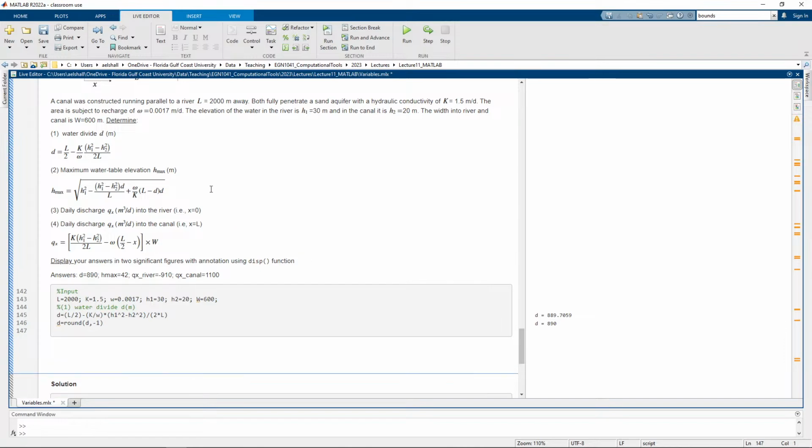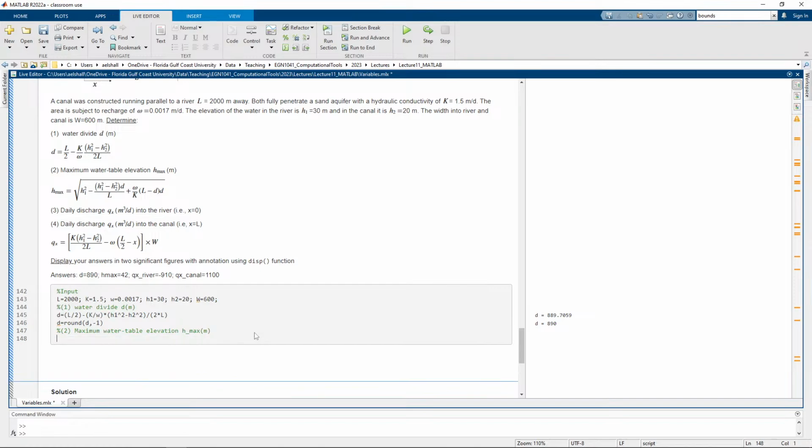Okay, now let's do part 2, the maximum, this one. So put a comment here: the maximum water table equation, H max.